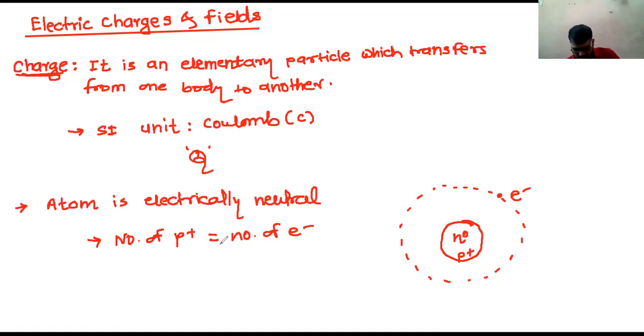Now, why I am telling you this? Because charged particles can be created by disturbing neutrality. Okay, why I am saying this? First, note down this.